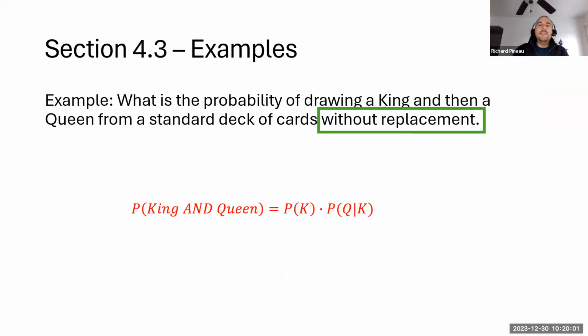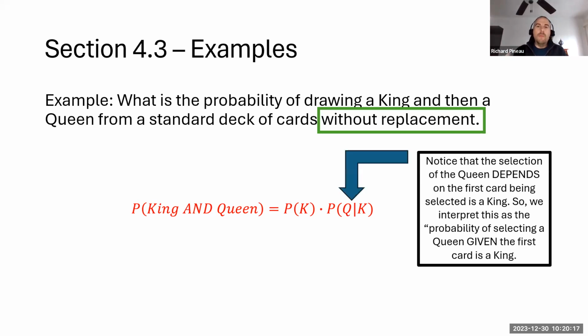So the probability of selecting a king and the queen becomes the probability of selecting the king times the probability of selecting a queen given we have selected a king already. So the queen is the second draw. The king was the first. So I'm reminding myself here that the selection of the queen depends on the first card being a king. We have to consider what has happened to the deck. So first of all, there are 4 kings in the deck out of 52 cards.